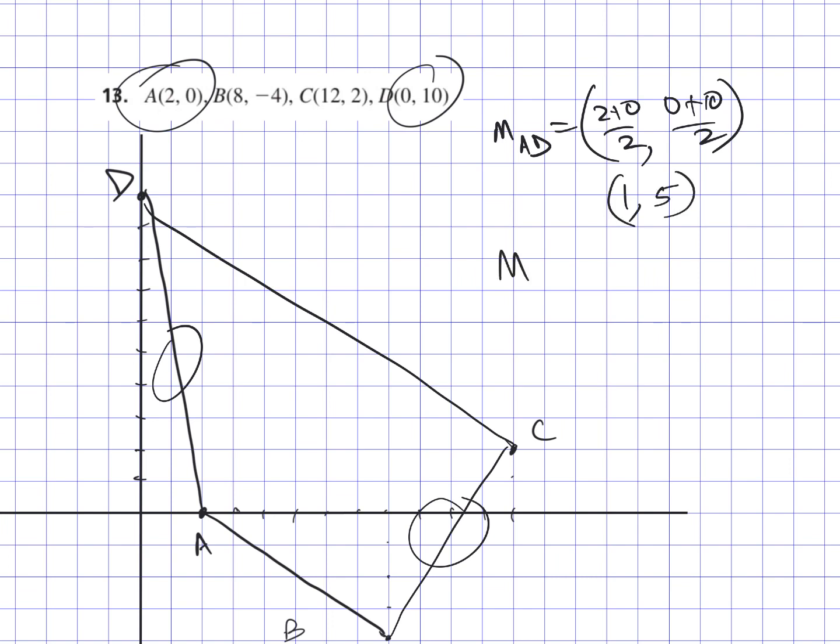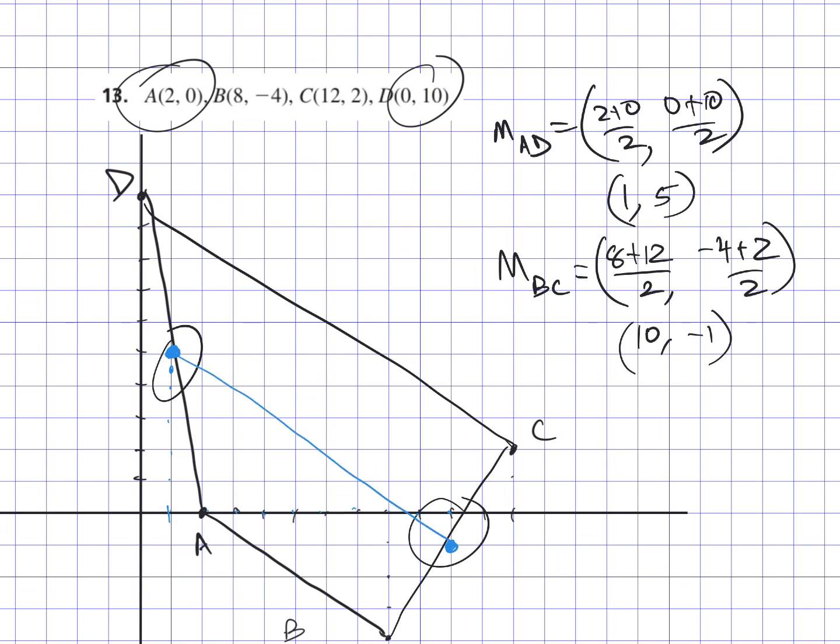And the midpoint of BC: 8 plus 12, add your x's, divide by 2, add your y's, divide by 2. 20 over 2 is 10, negative 2 over 2 is negative 1. All right, so let's put those together. 1, 5 right there. And 10, negative 1 right there.